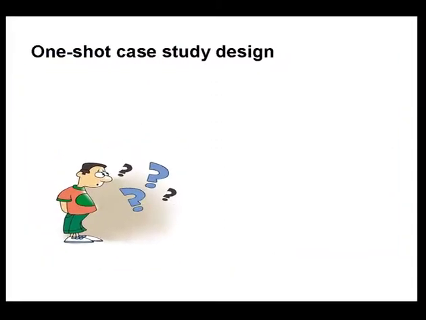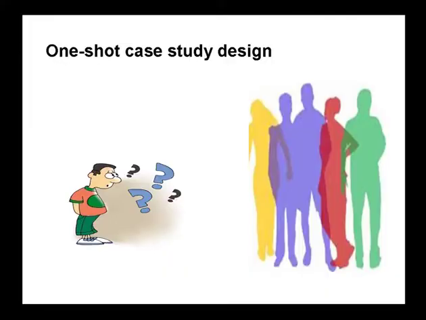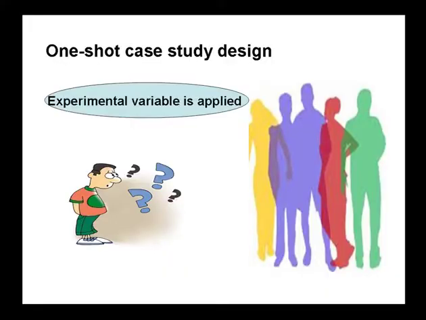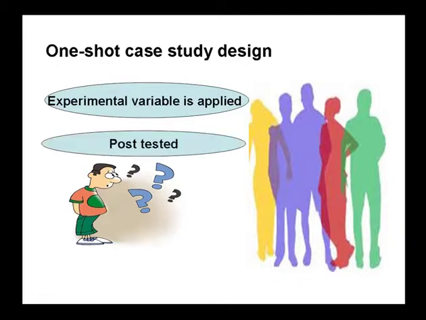There is another type of experimental design. It is one-shot case study design. In this design, only one group of subjects is used for the experiment. In this group, the experimental variable is applied on the group and then this group is post-tested.